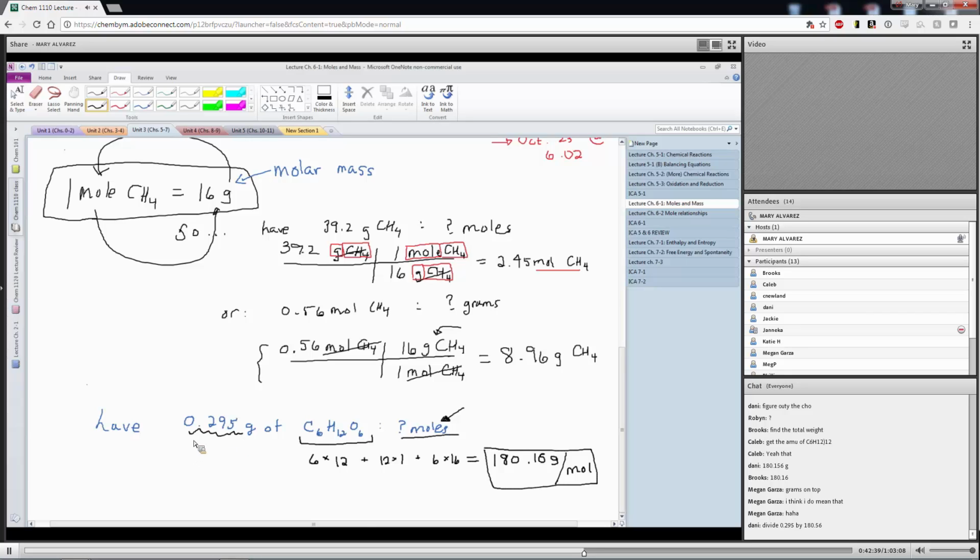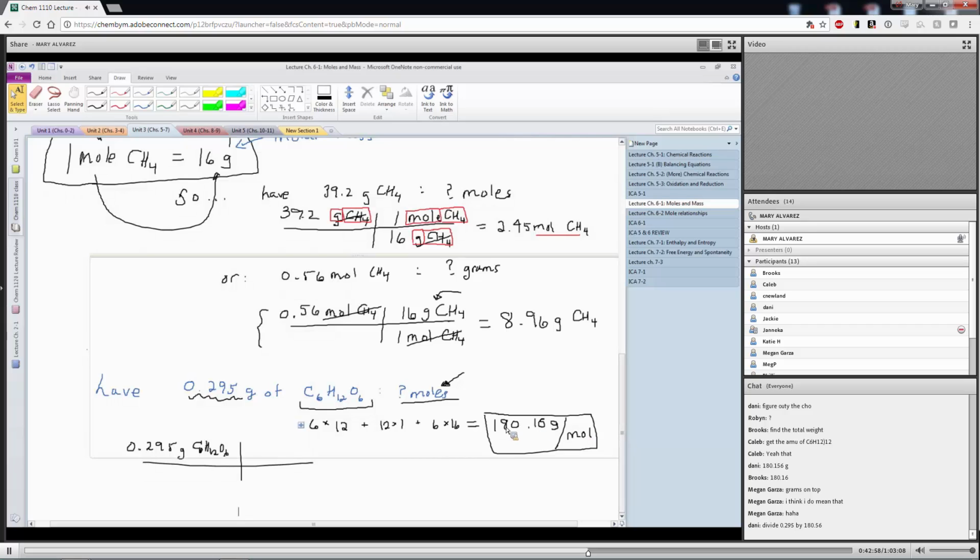So we could say, all right, I have 0.295 grams of C6H12O6. Now I want to get rid of grams. So, excellent. Danny says we're going to put this number on the bottom because that's where the grams are.